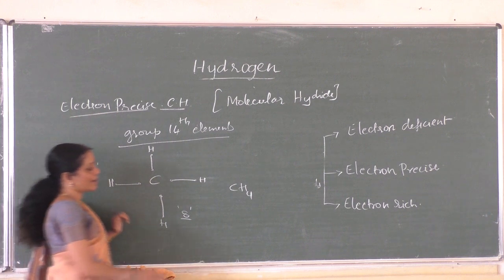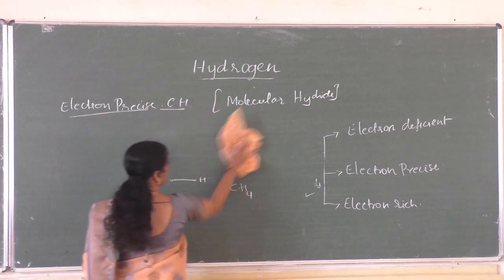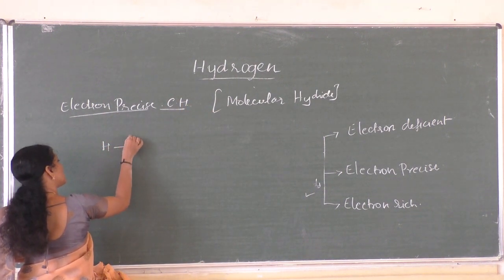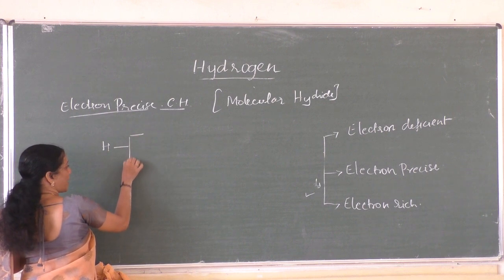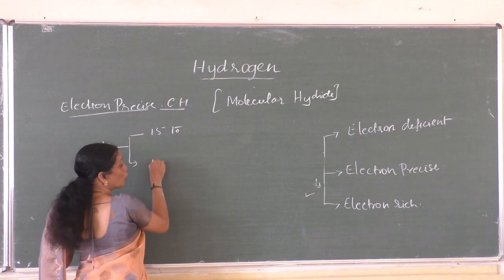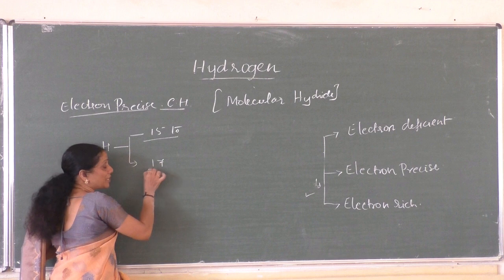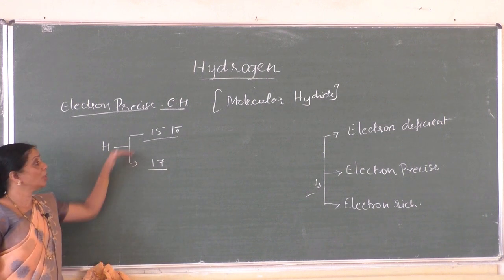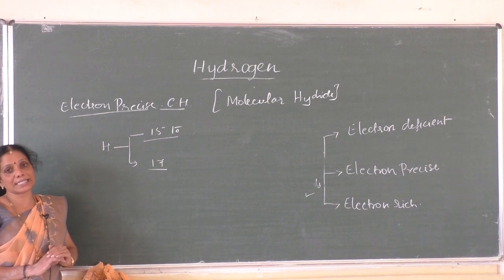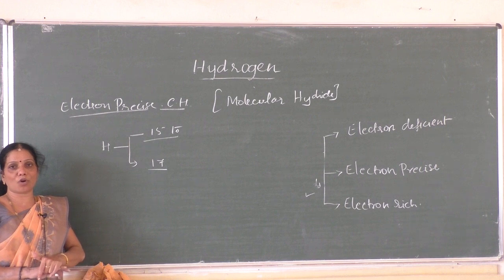Now the last type, that is the electron rich hydride. Now what is this electron rich hydride? Listen here students. Whenever hydrogen combines with the elements belonging to group 15 to group 17, that always results in the formation of covalent hydrides, and those covalent hydrides are called what?